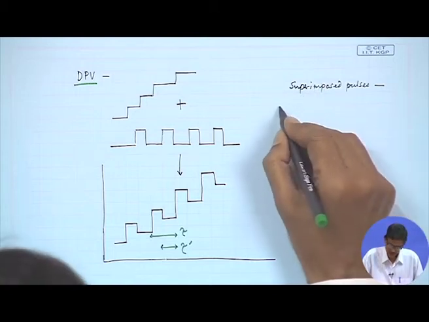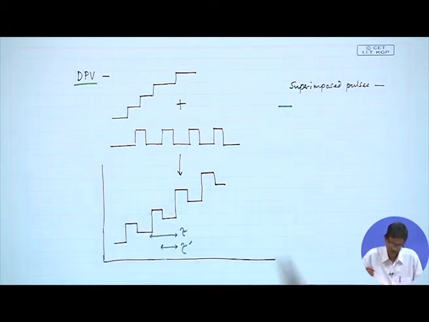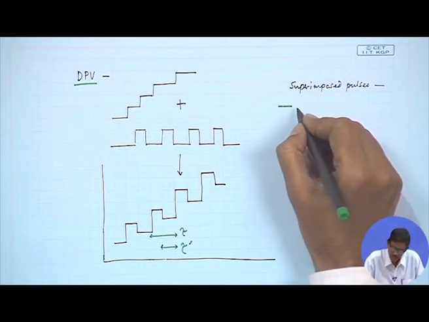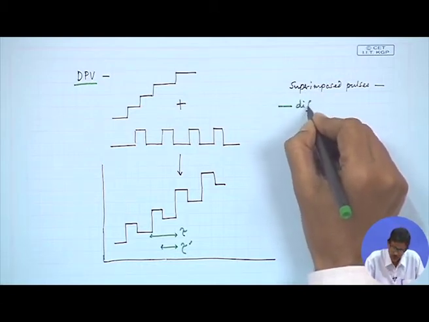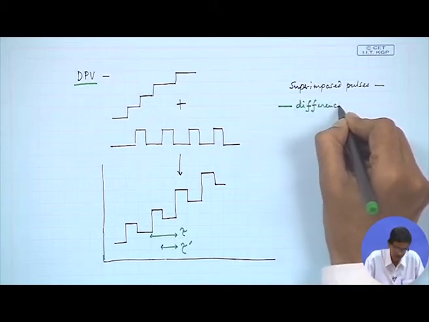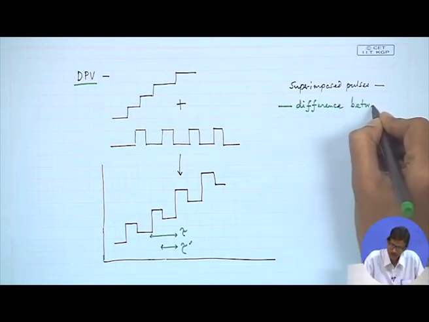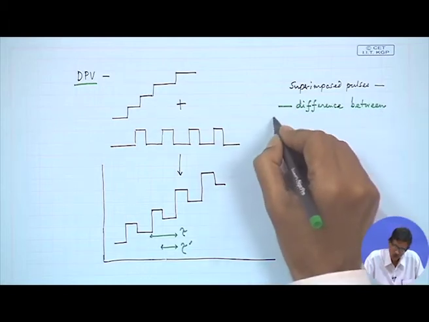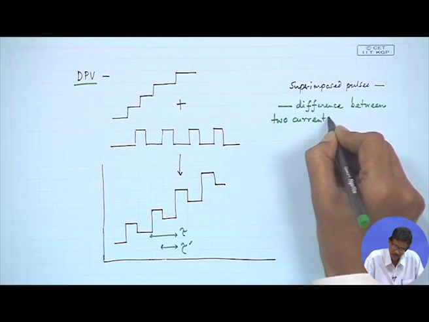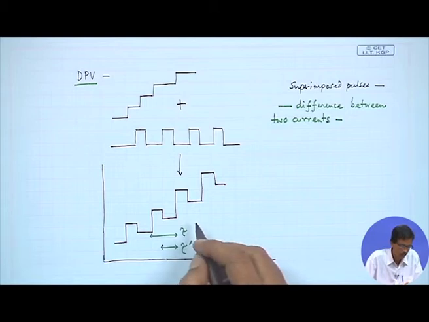We get the corresponding current responses, because this is the potential versus time axis. Whatever current responses we get over there are then plotted. We basically get two different currents, and you have these pulses again.